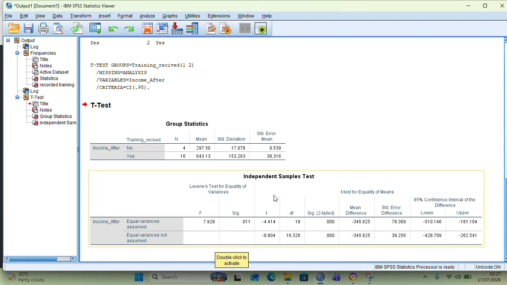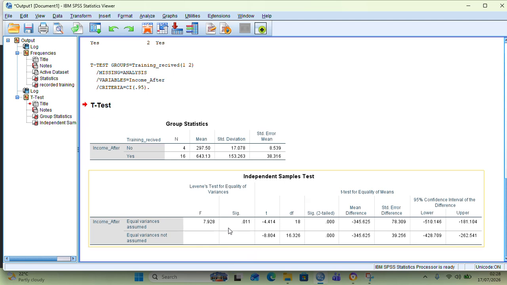So you come to this independent sample t-test, and then you have equal variance assumed and equal variance not assumed. The significance two-tailed is 0.00, and then we have this significance which is 0.011.